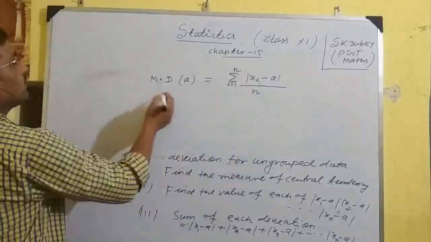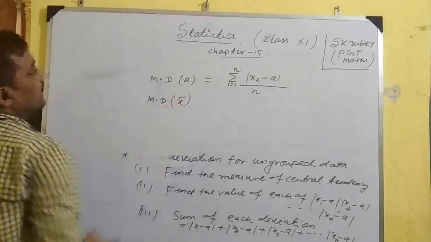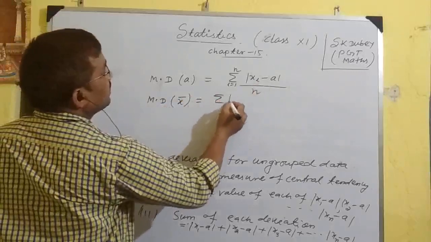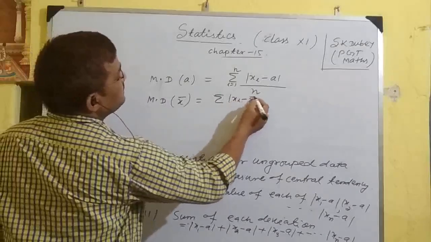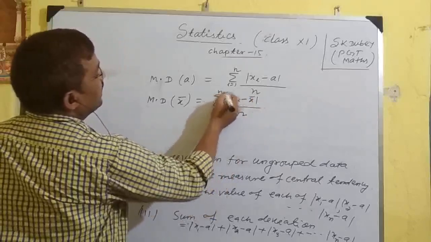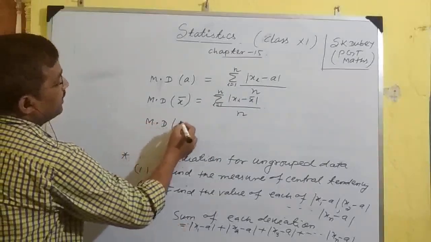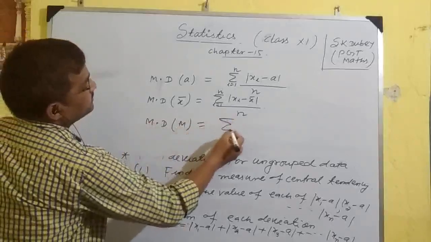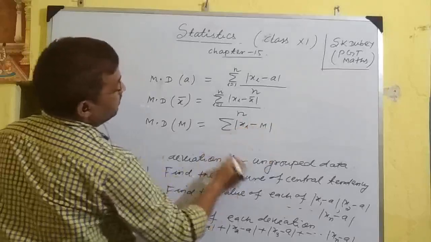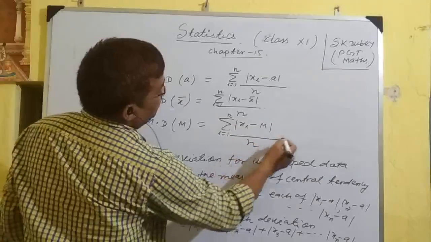Suppose we have to calculate mean deviation about mean, that is x bar. Then here the formula will be the summation of |xi minus x bar| divided by n, i varies from 1 to n, and mean deviation about median will be similarly the summation of |xi minus M|, where i varies from 1 to n, divided by n.